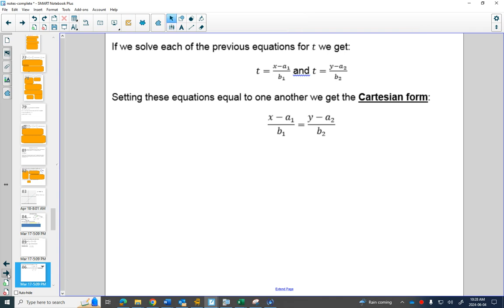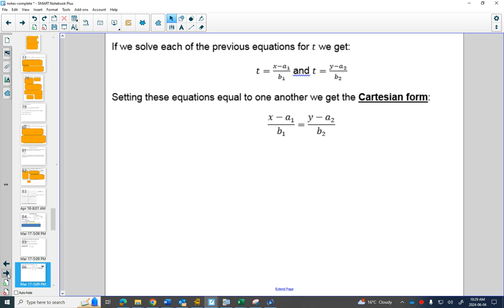If you take your parametric form and get t by itself, you would get those two fractions. If you make those fractions equal to each other, you get your Cartesian form.